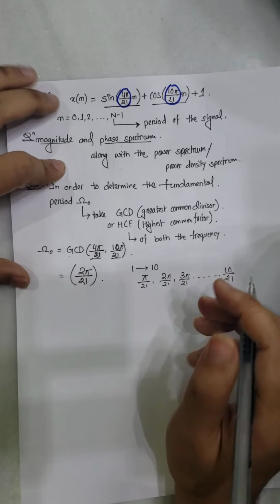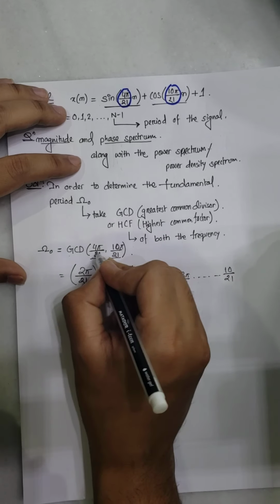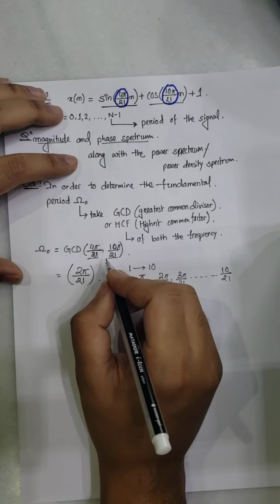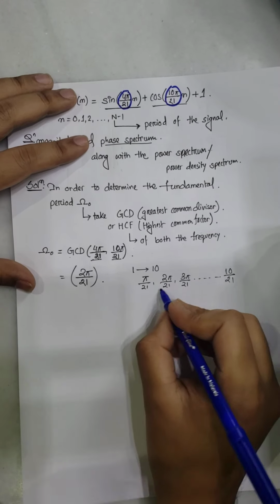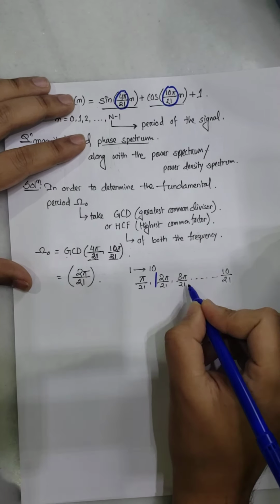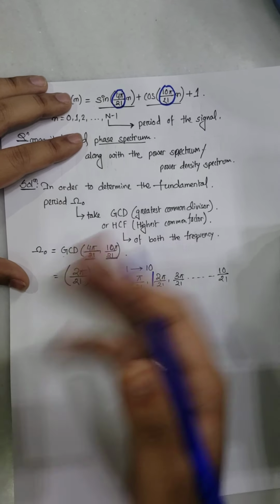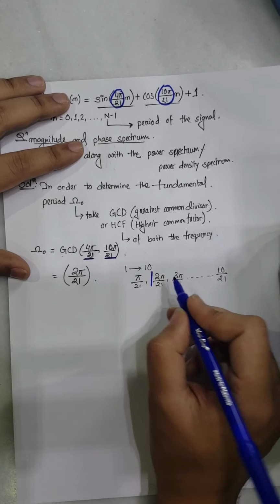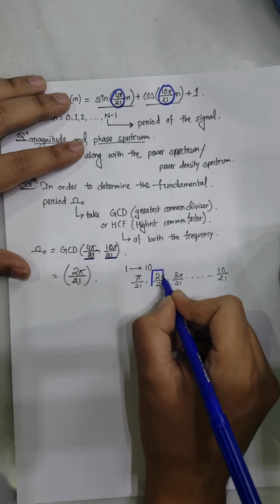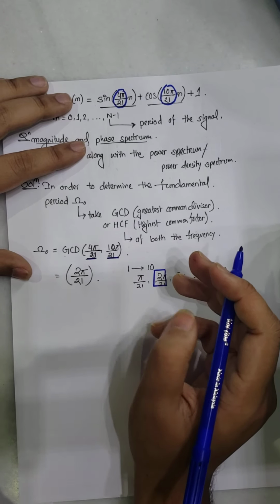So the GCD will be the value by which both the numbers can be divided. We need to determine the value for which both the terms get divided with a remainder of 0. That means if we divide both the terms with twice pi over 21, we get the remainder 0.